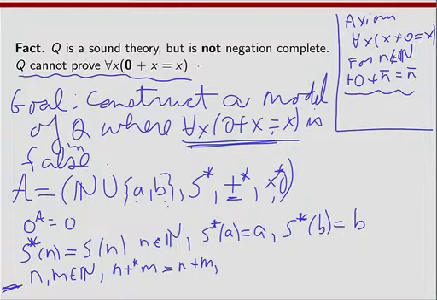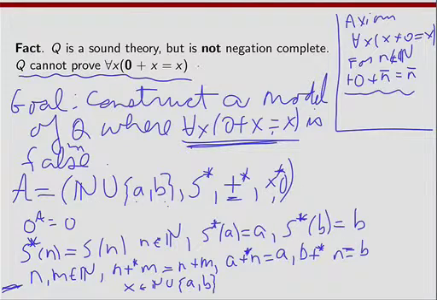I'm going to want to say that A plus star any natural number is going to be A, and B plus star any natural number is just going to be B. But now, if x is any element of the domain, the natural numbers or A and B, and A is on the right of this new plus star sign, then x plus star A is going to be B, and x plus star B is going to be A.